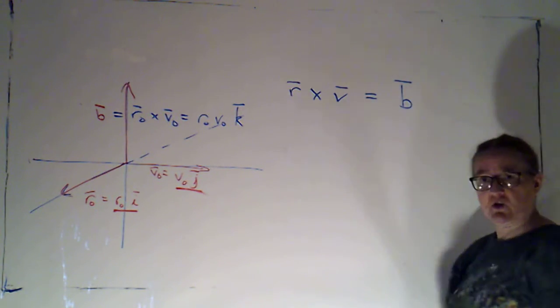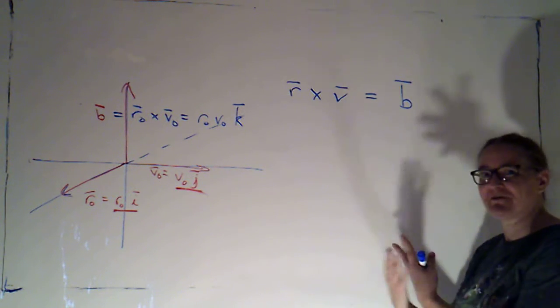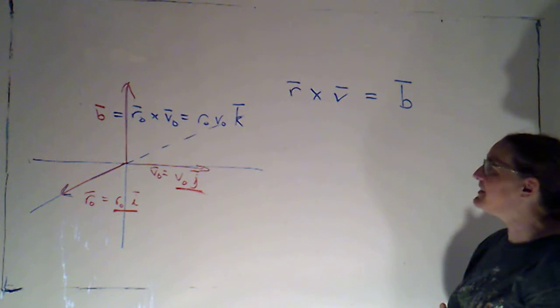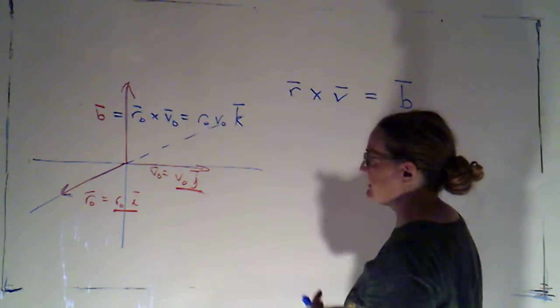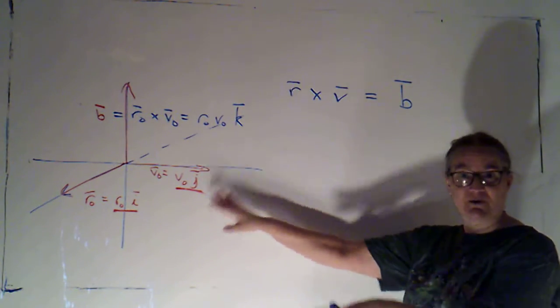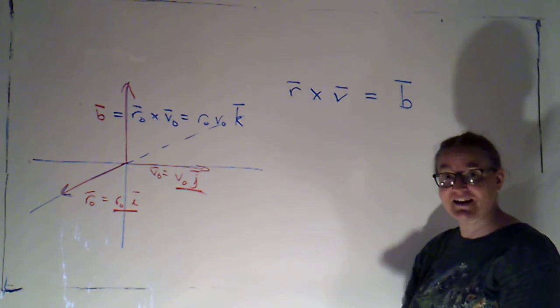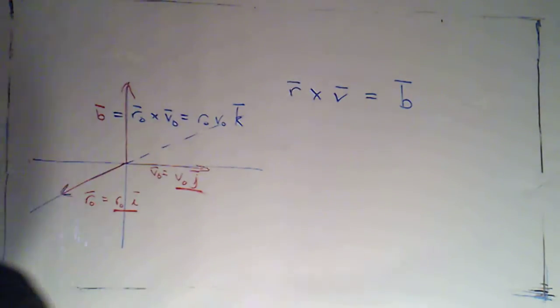Now, before I demonstrate that, let's talk a little bit about why that would be equivalent to saying that the path is always going to be in some plane. As we've set up our coordinate system, the object is always in the xy plane. We chose our coordinate system nicely so that we could say the plane we're working in is just the xy plane.